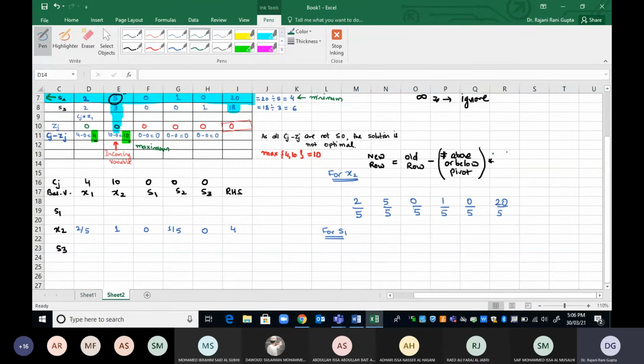Means whatever is the new row here, that will be here. Okay.